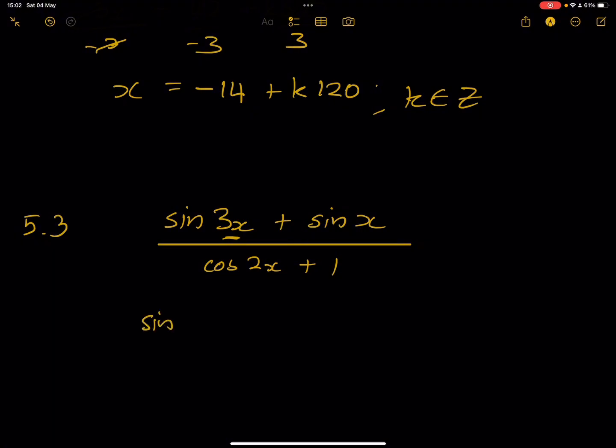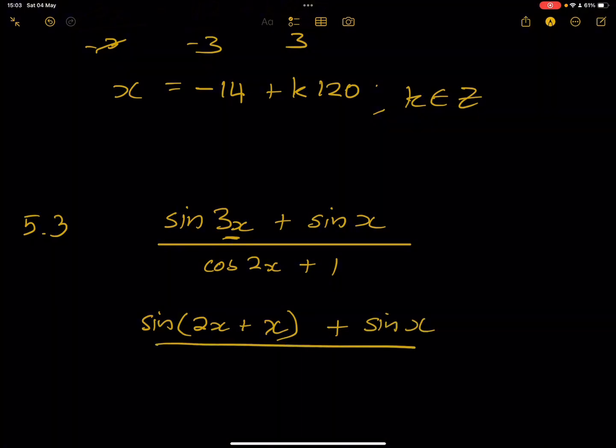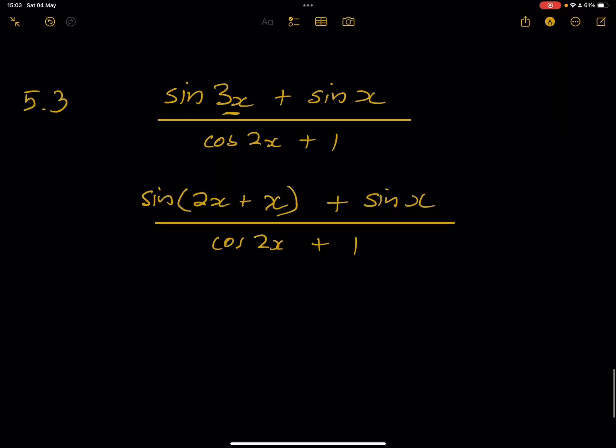Let me make my triple angle a double plus a single angle, right? So 2x plus x is equal to 3x. So that's sine x divided by, I'm not going to change the cos 2x just yet, okay? I always say just wait it out until you know exactly what you are doing, right?